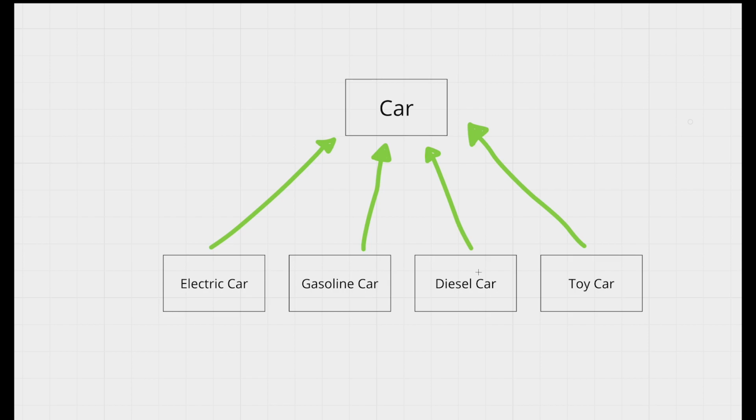And also we looked at the case when gasoline cars and diesel cars share the same functionality. Since we removed the start method from the car class and brought it down to the different types of car classes, each one of these had a start method, and we saw that it was using the same function.